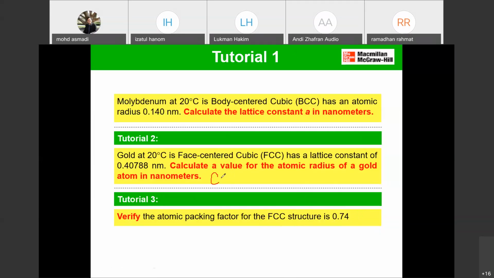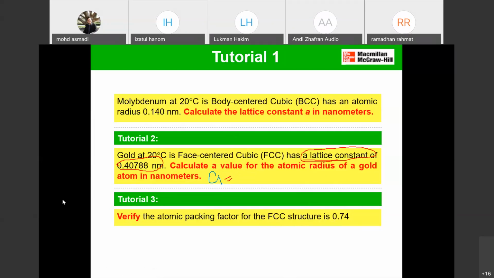This one is from the equation on the previous slide. A is equal to... but this one we have to find R, right? Because the lattice constant is 0.4700.